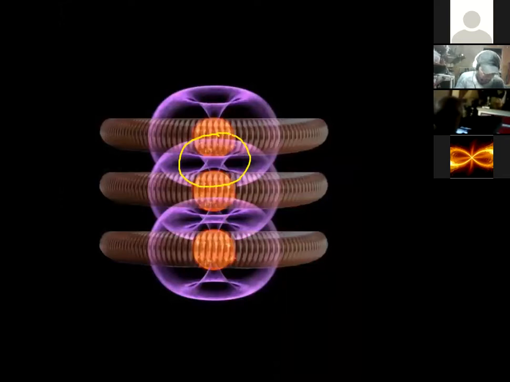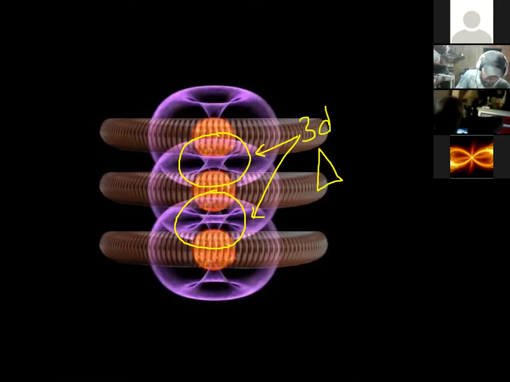If you can see the 6-pointed star that's there, remember, these are 3D six-pointed stars. If you look at it from the top, you would be able to see the point coming out the top, and there would be another point coming out the bottom.